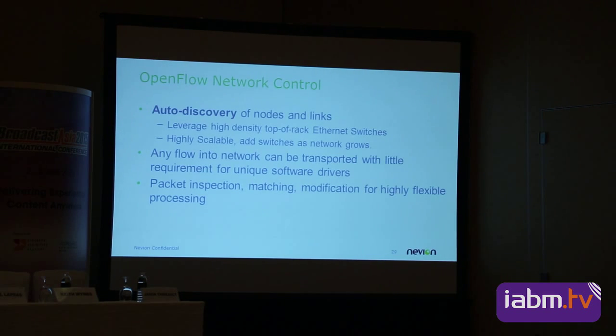You can automatically discover resources on the fly. And once those resources are discovered, you can actually use that capacity immediately for transport. So what it does is provides a highly scalable system that you can start very, very small. And as and when you need additional capacity, you start adding additional elements to actually increase your bandwidth.